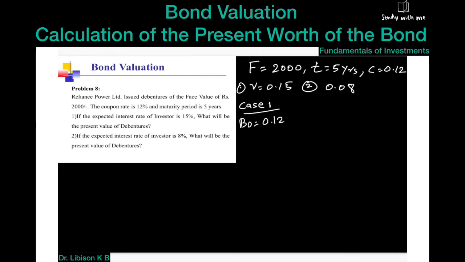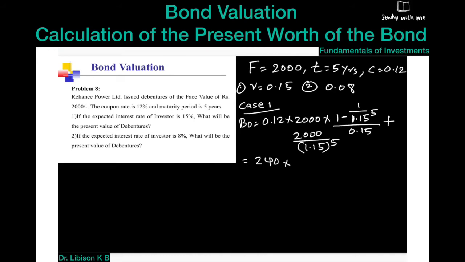B0 is equal to 0.12 multiplied by 2000 multiplied by 1 minus 1 divided by 1.15 raised to 5, all divided by 0.15, plus 2000 divided by 1.15 raised to 5. It becomes 240 multiplied by 1 minus 0.497, all divided by 0.15, plus 2000 divided by 2.0113.